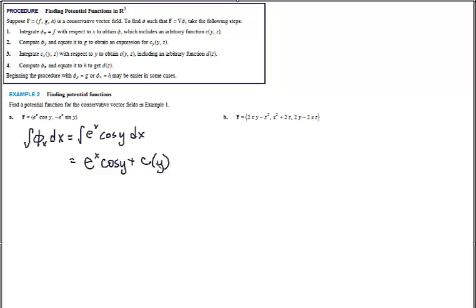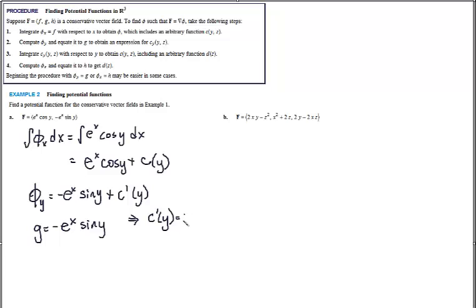Alright, so after that, the next thing we're going to need to do is we take this phi y and we say that it equals minus e to the x sine y plus some c prime of y, and we also know that g equals minus e to the x sine y, which leads us to note that c prime of y is going to equal 0.